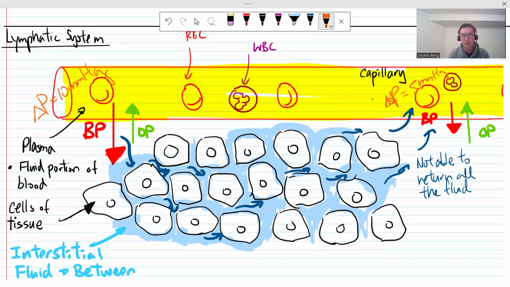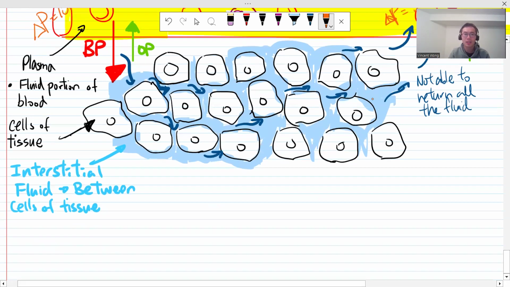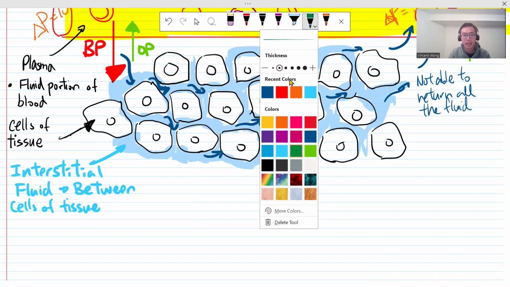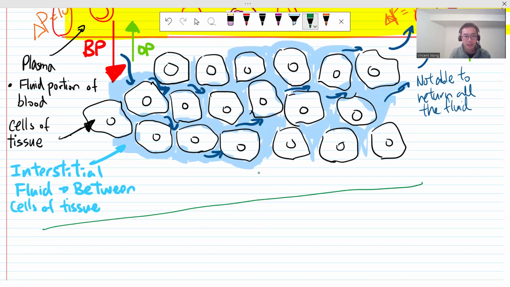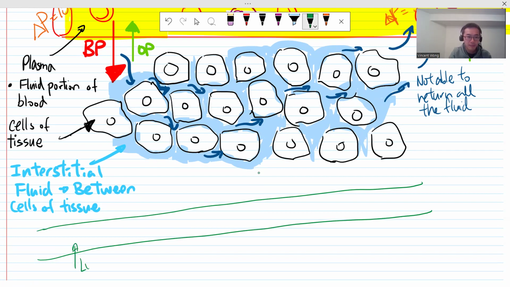So what's the solution? It turns out that next to your capillaries, not very far away, you have another kind of vessel. Usually they draw it in green. They're not actually green, but they usually draw it with green color. This is called a lymphatic vessel.